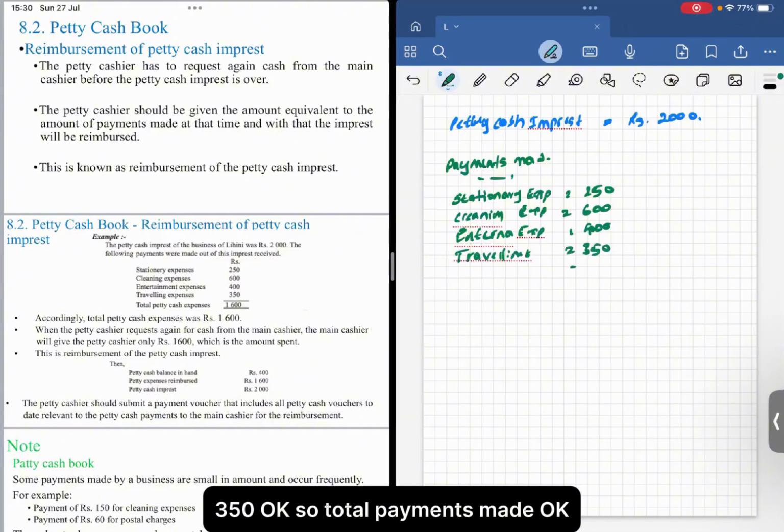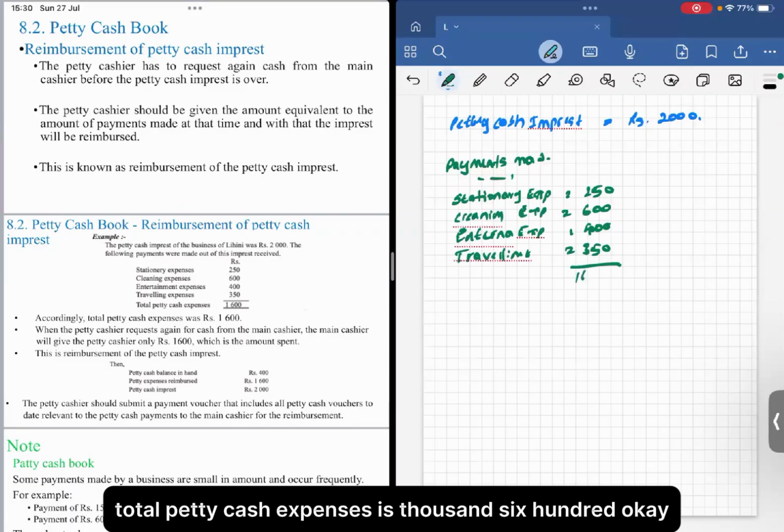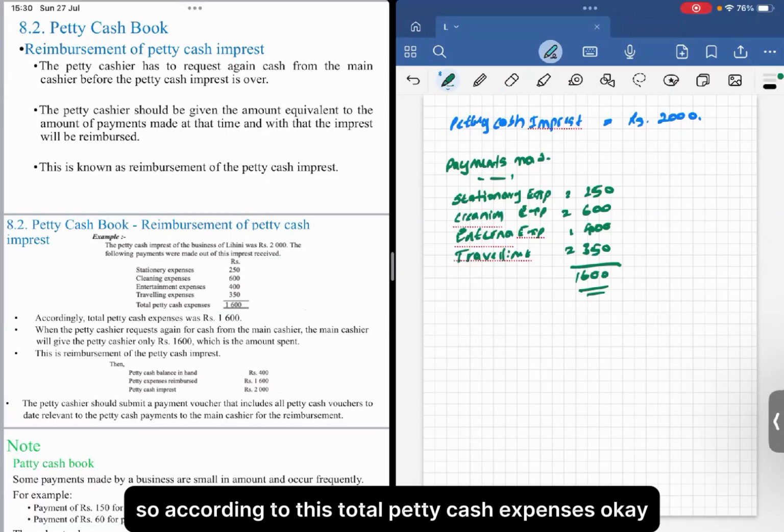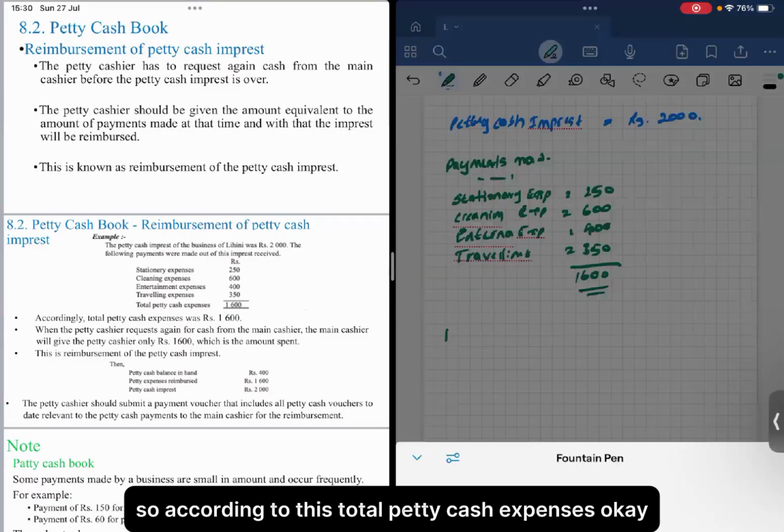So the total petty cash expenses is 1600.